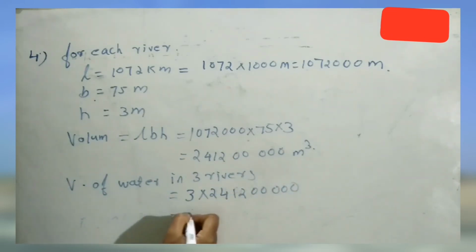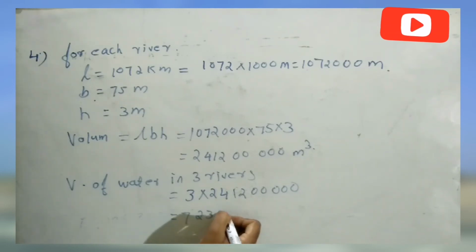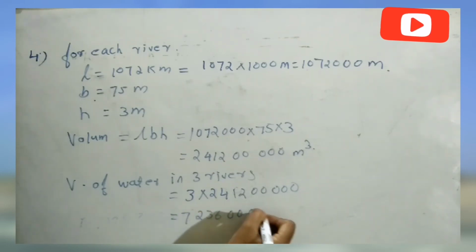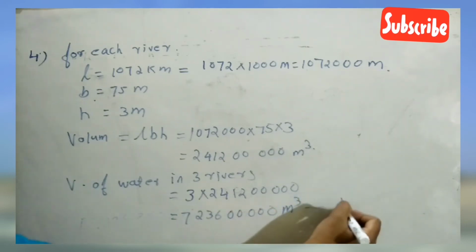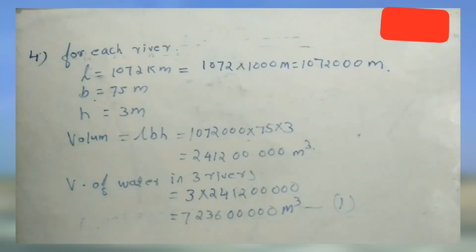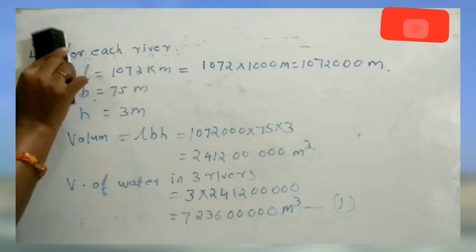This is equal to 7236,000 meter cube. Put it as equation number 1. So volume of normal water in 3 rivers is equal to 7236,000.